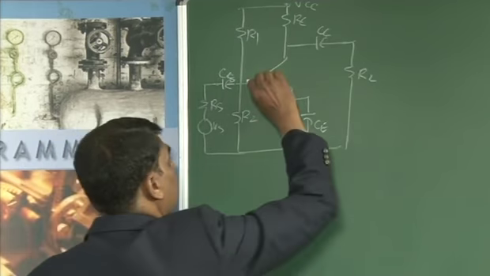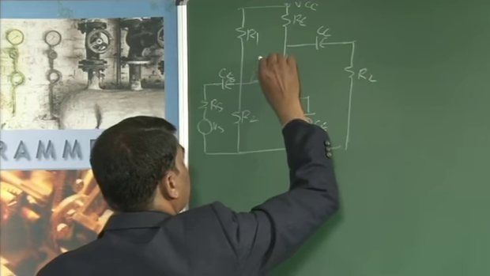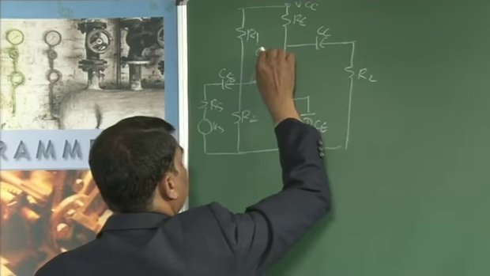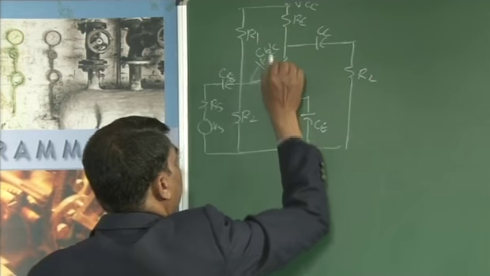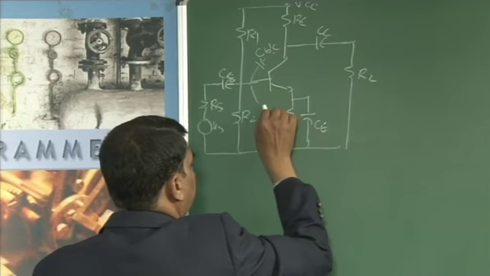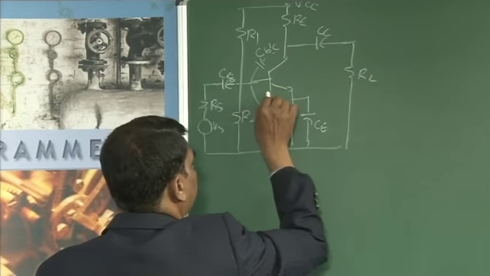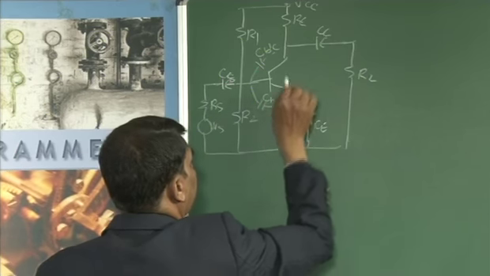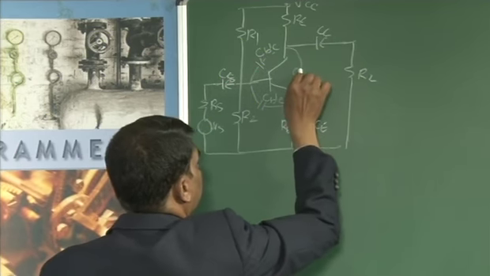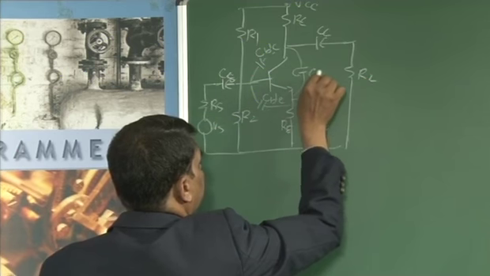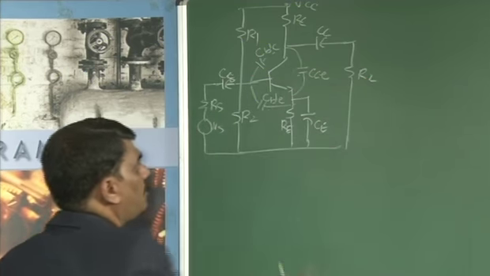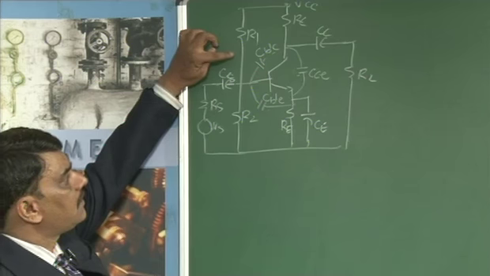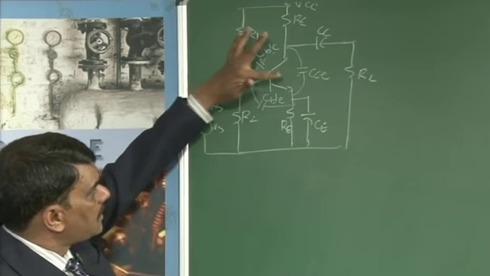At high frequencies, there is a capacitance in between, which is nothing but C_B'C, and there is a capacitance between these two points defined as C_B'E, and then the capacitance between this point is C_CE. These capacitors are responsible for this.